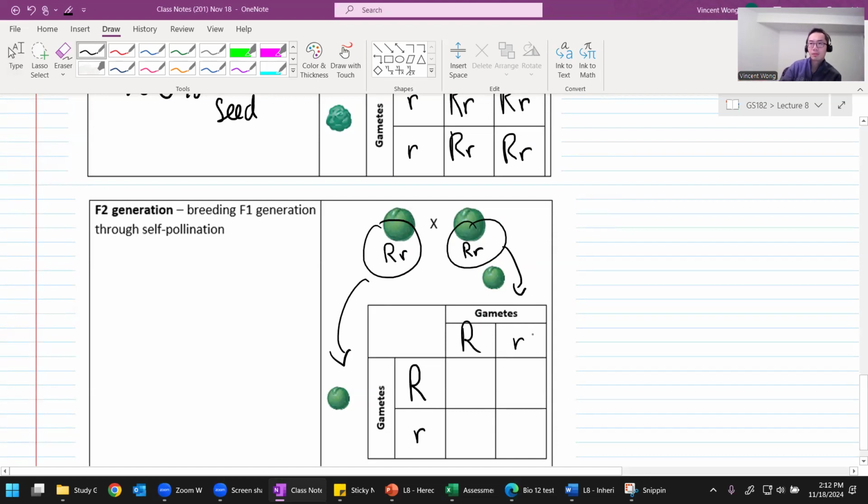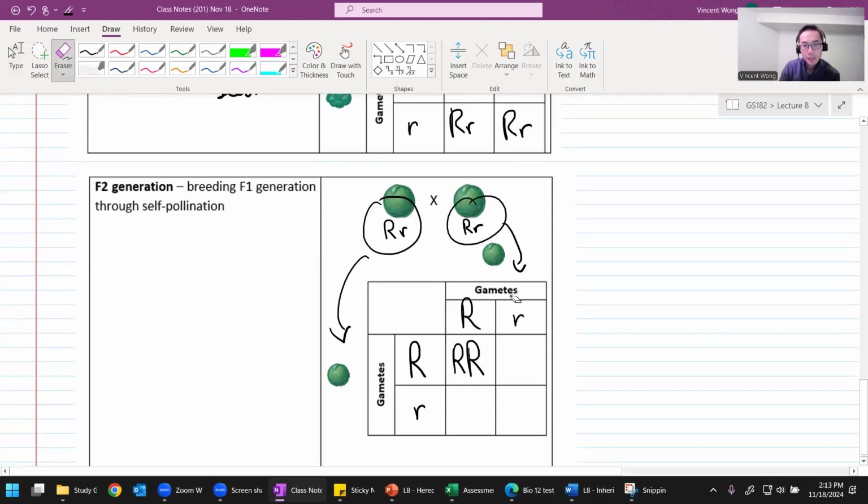For plants, it's pollen and eggs, instead of sperm and eggs. If this gamete and this gamete join together, it's going to be big R, big R. If this one and this one come together, it will be big R, small r, and so on and so forth. Let's write out the expected genotypes of the F2 generation.